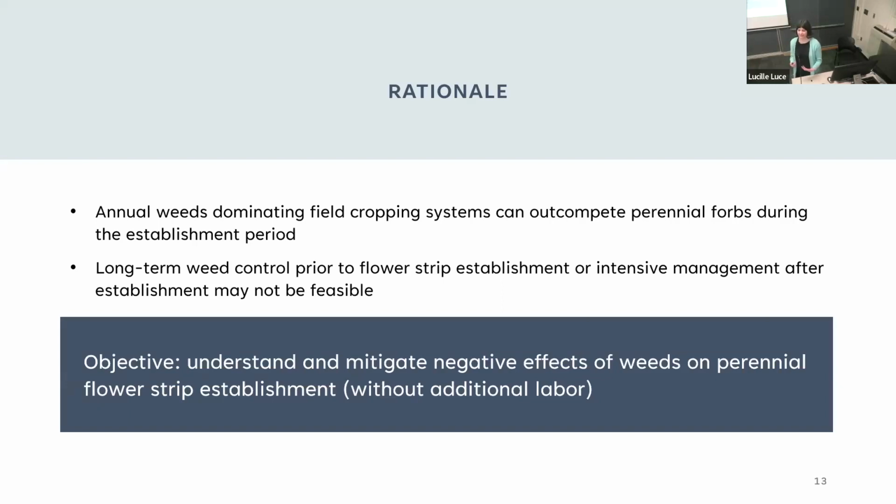So my goal with this project is basically to try to understand the competitive dynamic between the weeds and the planted flowers, and to hopefully try to adjust that competitive dynamic so that the planted flower strip is a little bit better able to hold its own against the weeds without the need for so much active management.